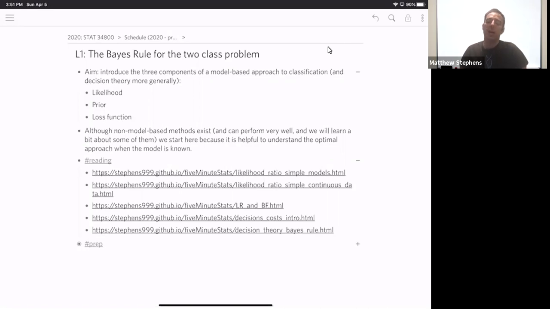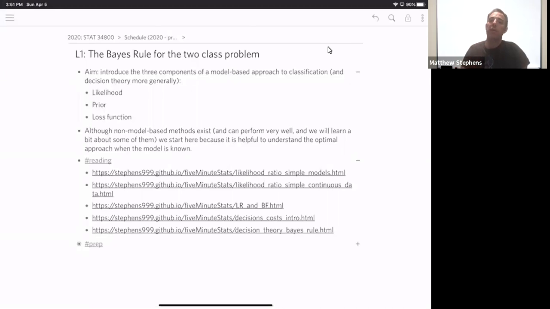So if that were the case, then you might say your cost or your loss for misclassifying a spam email as mistakenly putting it in the inbox is maybe lower than mistakenly putting a real mail in your spam folder, which you might consider a bigger mistake, if you like. So that's where the loss function part of the decision problem is going to come in. So once again, just to summarize, there's going to be three parts.